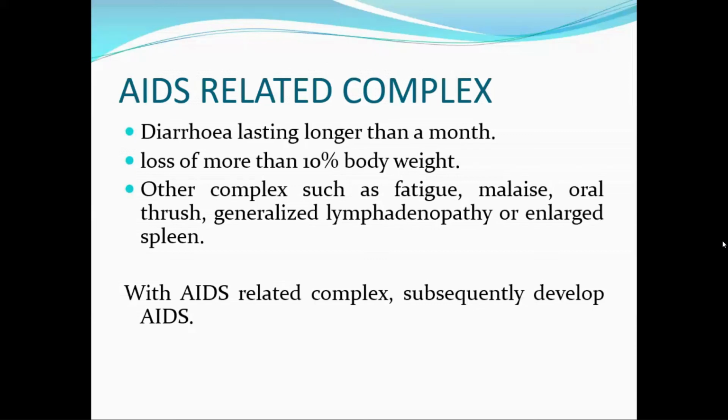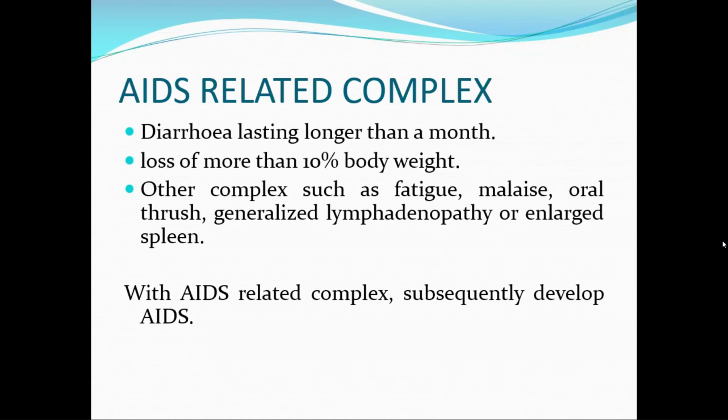So lymph nodes larger than 1 centimeter in diameter, in 2 or more sites other than groin, for a period of 3 months or more. That is generalized lymphadenopathy. In ARC, mainly the major clinical manifestations may occur: diarrhea more than 1 month, loss of body weight more than 10%, and fever may be present.